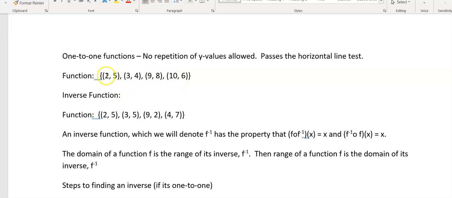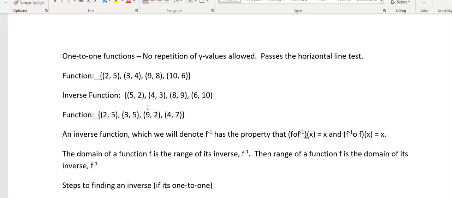An inverse function really maps things backwards. So 2 maps to 5, but an inverse function is going to take that backwards and map 5 to 2. So we can very easily list the inverse here by just switching the points around. This becomes (5, 2), (4, 3), (8, 9), and (6, 10).